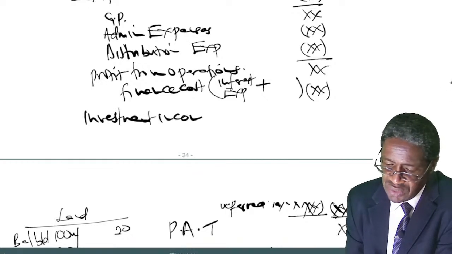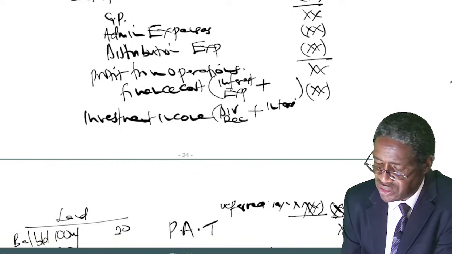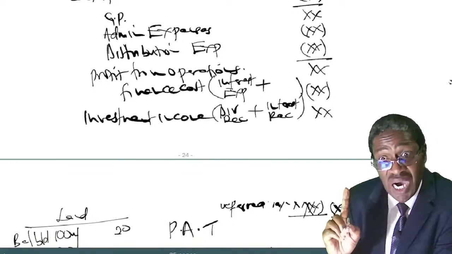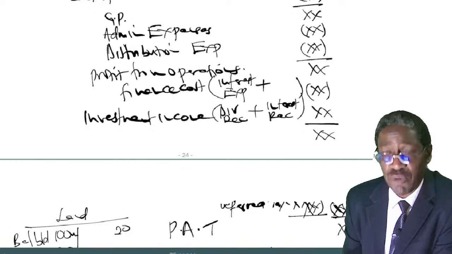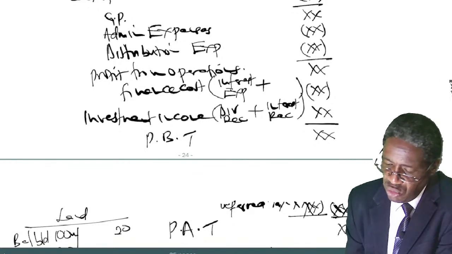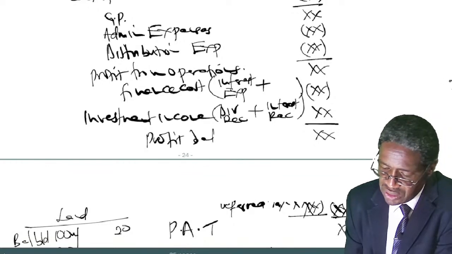This could be in form of dividend received or interest received. You add, and get what we were calling profit before tax.